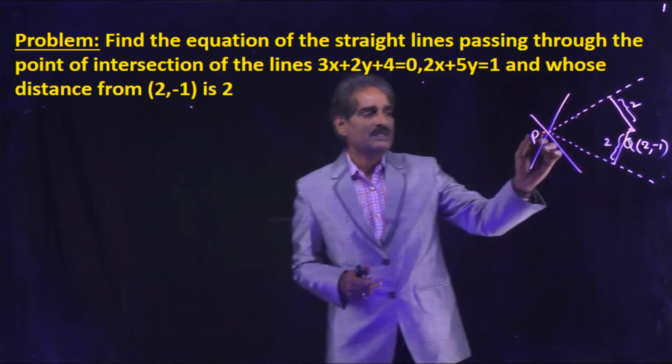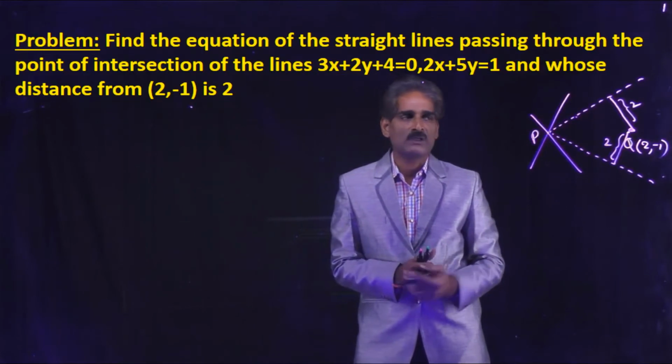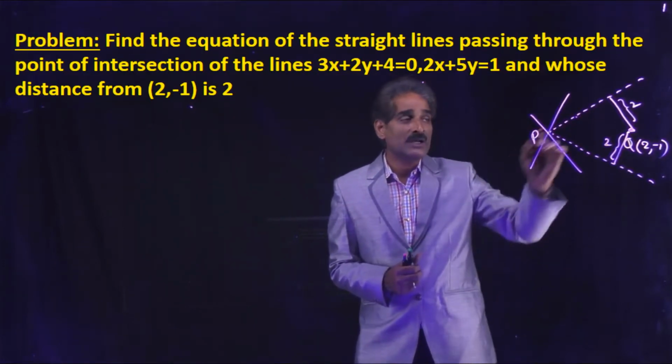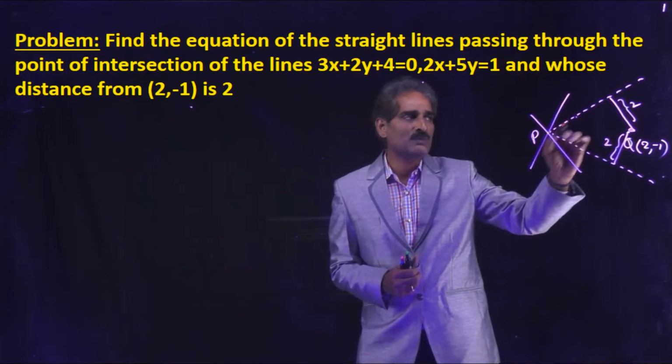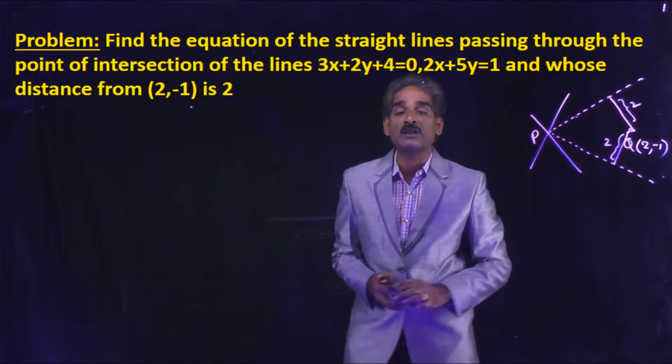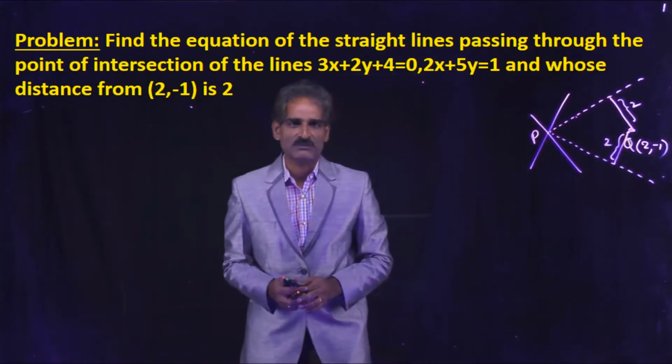Already it is passing through P. Just find the coordinates of the point P and write the equation of the line passing through P and having 2 units distance from this point. So first of all, solve the given two equations.